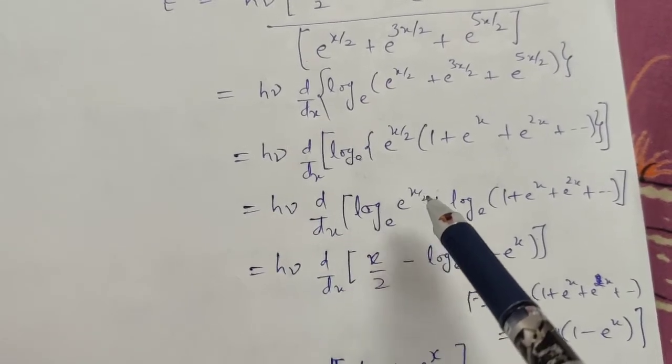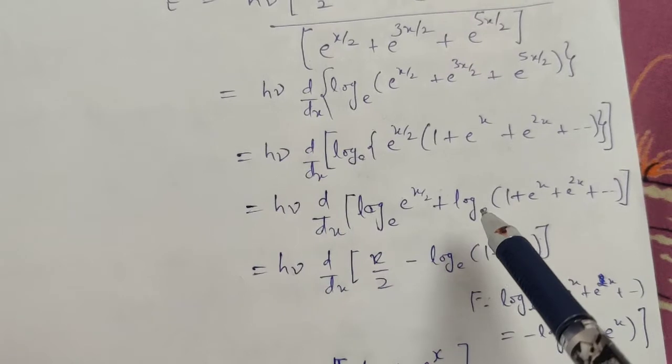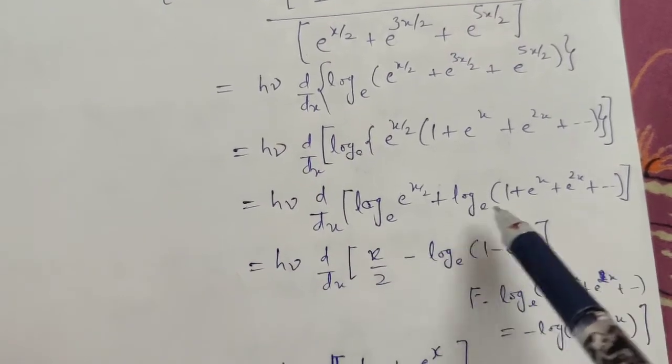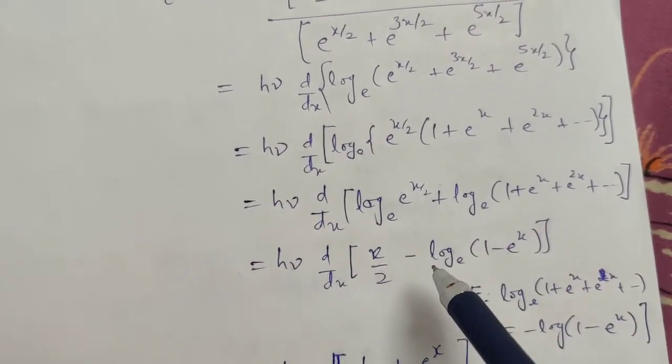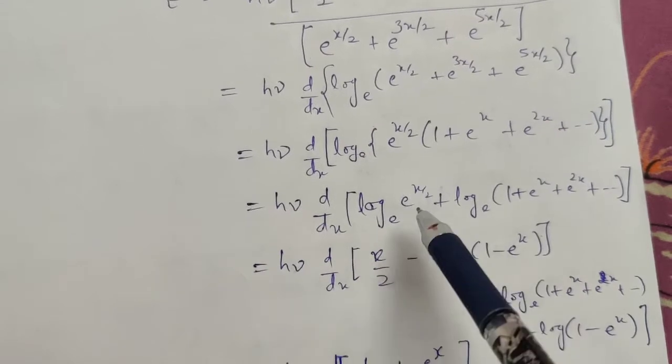this will be x by 2 minus, and when you differentiate this, no sorry, this will be x by 2.